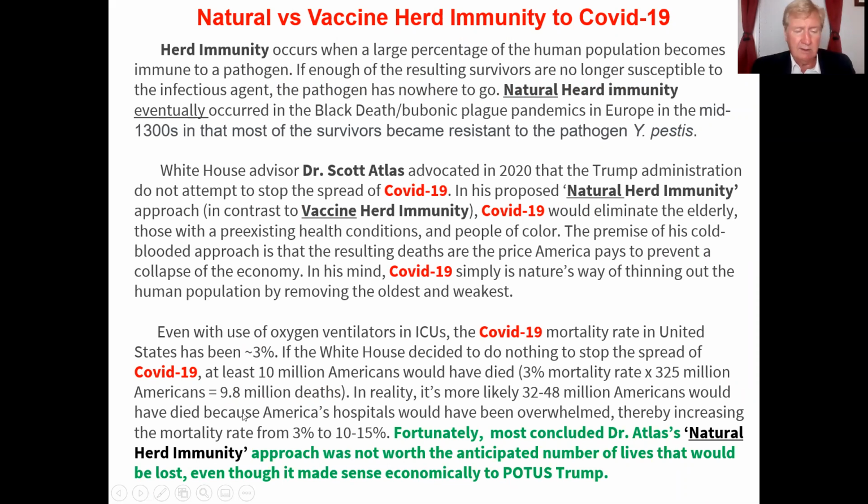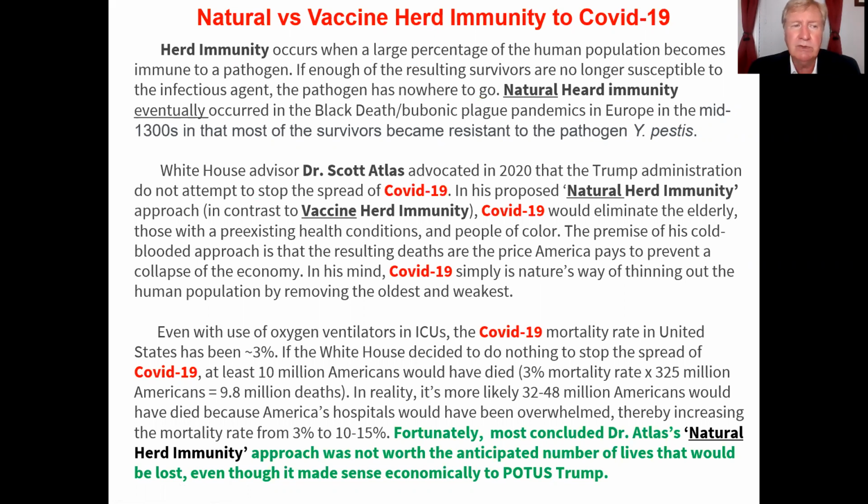Now, there's a lot of talk about herd immunity, and so I'd like to clear that up. So herd immunity occurs when a large percent of the human population becomes immune to a pathogen. If enough of the resulting survivors are no longer susceptible to the pathogen, it has nowhere to go.